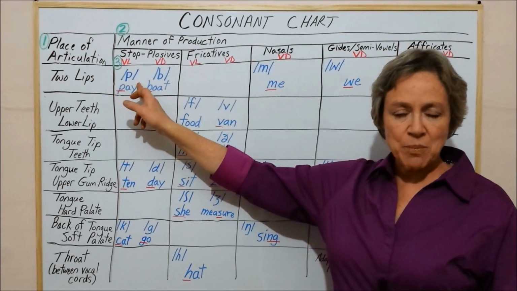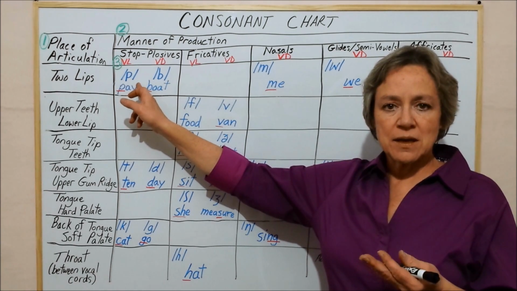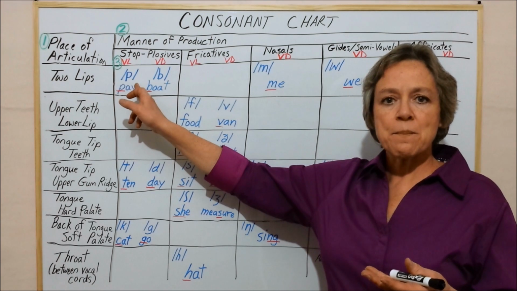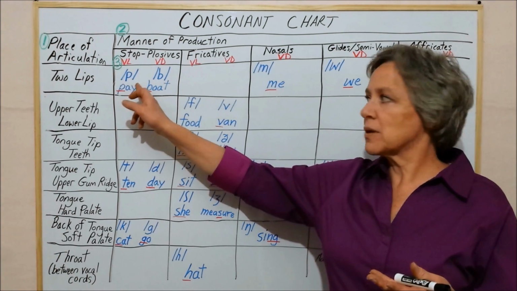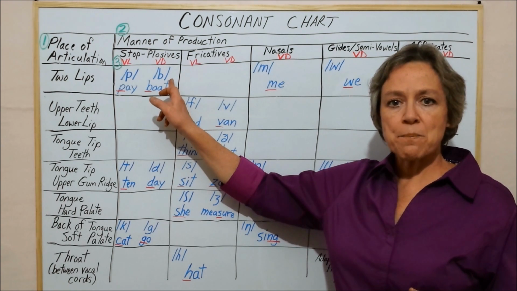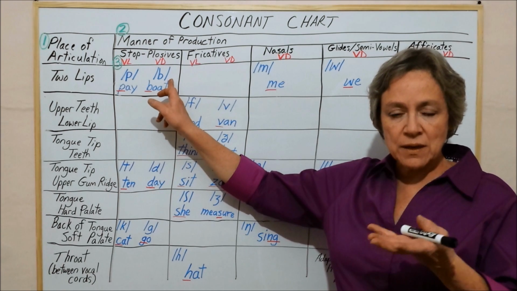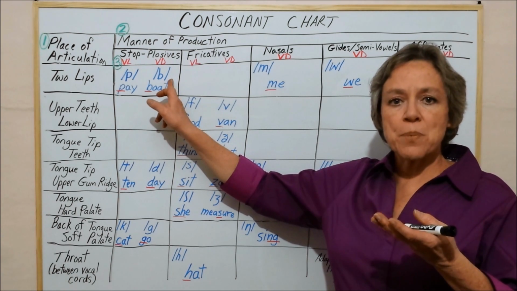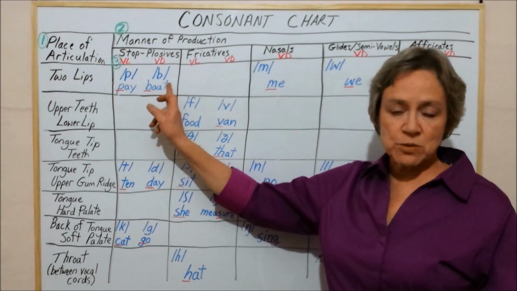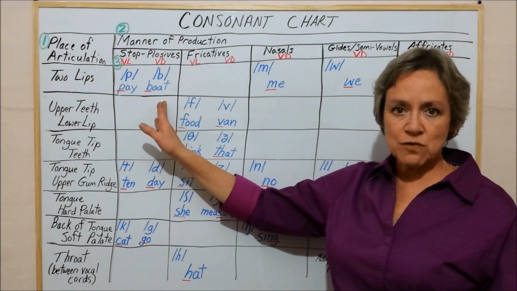So this is a stop plosive. I stop the air, then I release it in a forceful way. Puh, puh. Here I do the same with buh, buh. I stop the air and then I let it come out forcefully. The difference, of course, between the two is that this one is voiceless and this one is voiced.